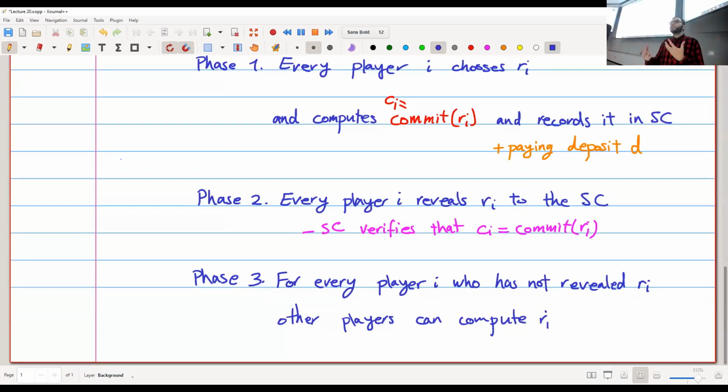So the smart contract always checks that everyone is doing the right thing. So I want these other players to be able to prove to the smart contract that this was actually the value RI that this dishonest player didn't give us.